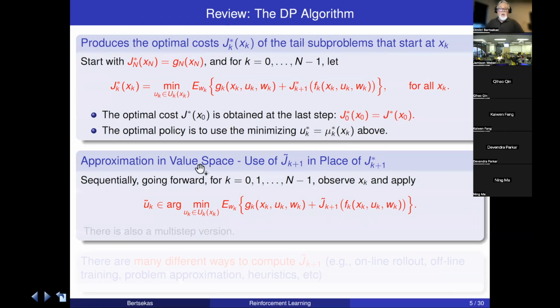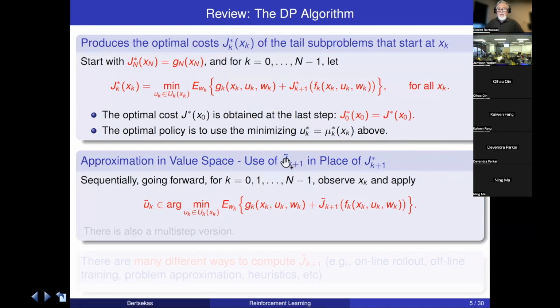And reinforcement learning deals with ways to simplify this computation and simplify the computation of an optimal policy. And a major part of reinforcement learning, perhaps the most important part, is approximation in value space, whereby instead of this J*_{k+1}, which is hard to compute, we use some approximation J tilde.